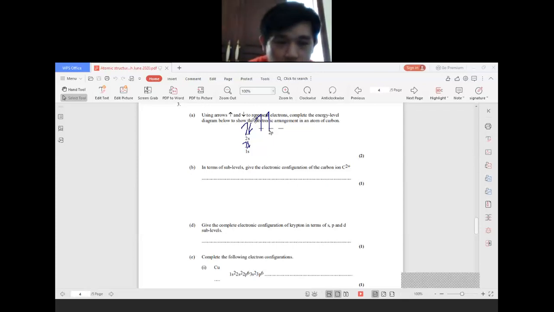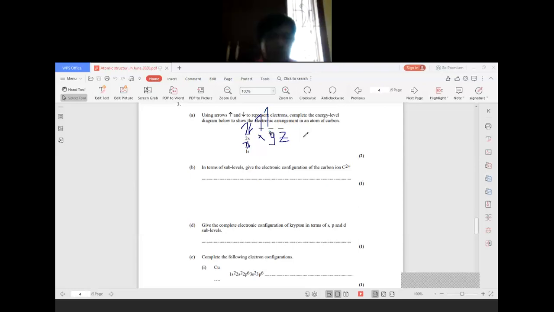The rule is all orbitals must be filled with electrons that have the same spinning direction. Look at this one, here is Px, Py, and Pz.